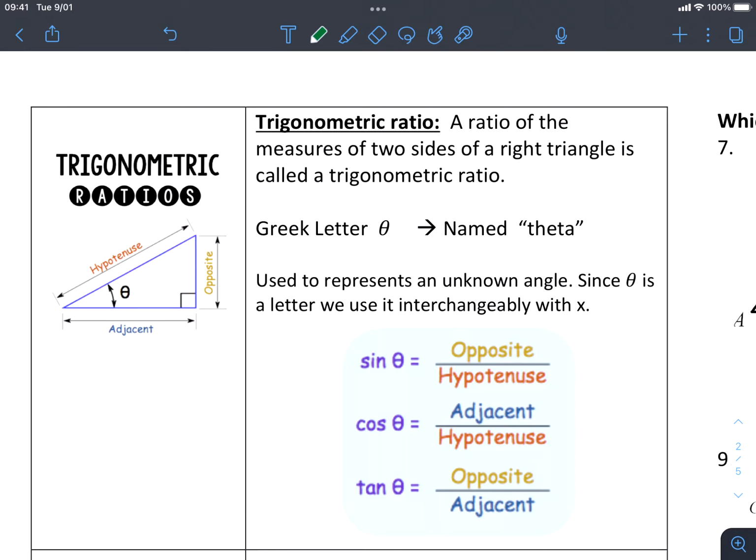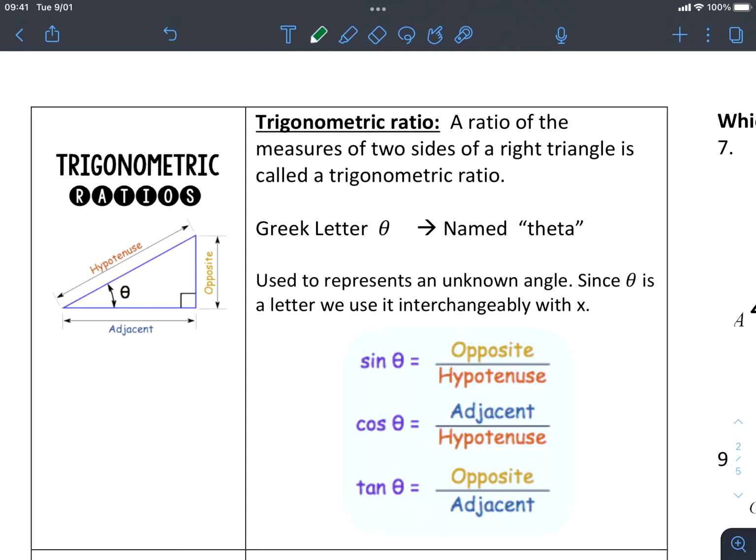It's a Greek letter named theta. Now that we know the placements of the sides based on your reference angle, we can create ratios that represent our trig functions.